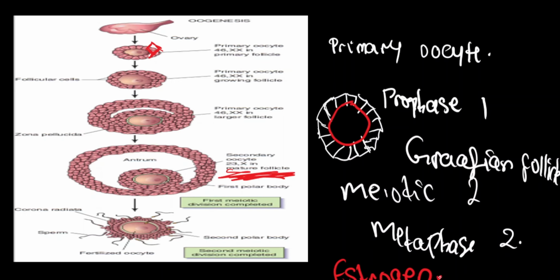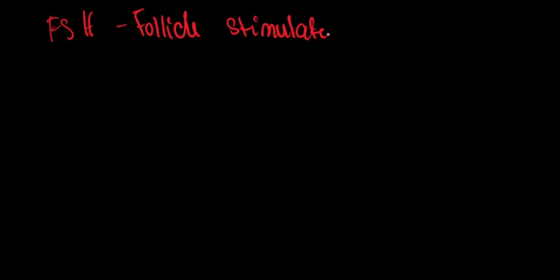Before we take a look at the whole process of the development of the ovarian follicle, it's good for us to take note of two very important hormones: the follicle stimulating hormone, FSH, and the LH, which is the luteinizing hormone.